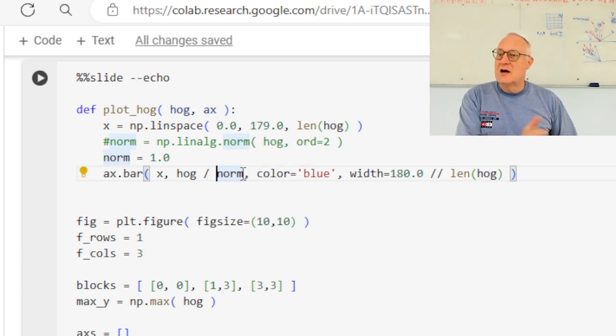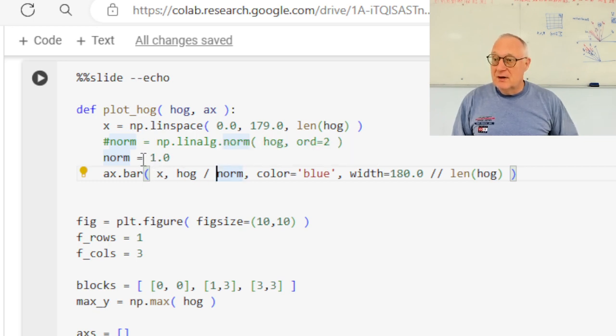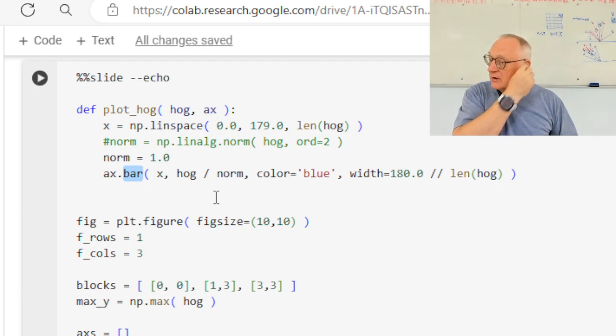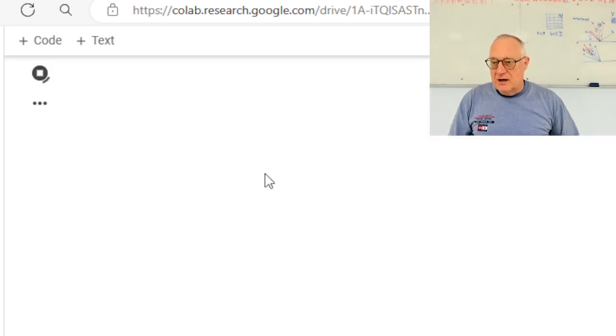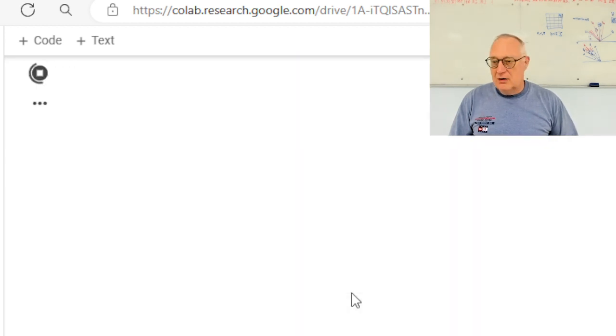So each 9 bucket area, it's supposed to generate a nice view, and I can do that by using a bar chart, which then plots the magnitude of the histogram in these particular ranges. So here I just come up with a visualization of our HOG array.